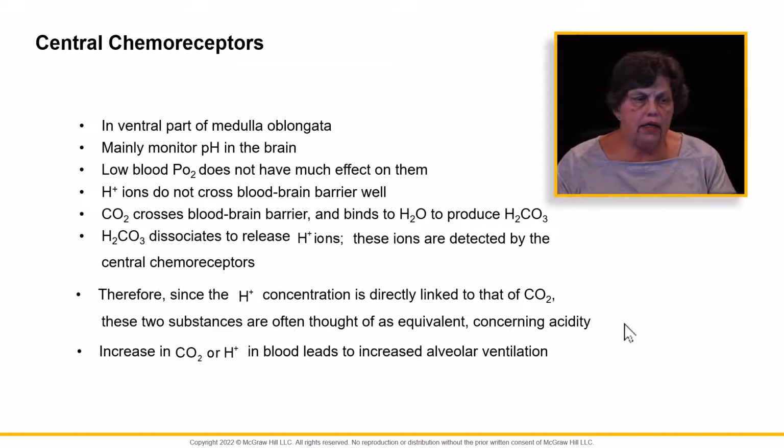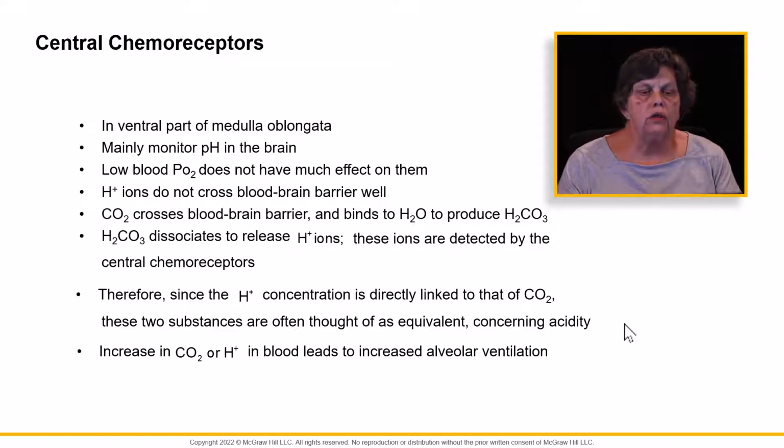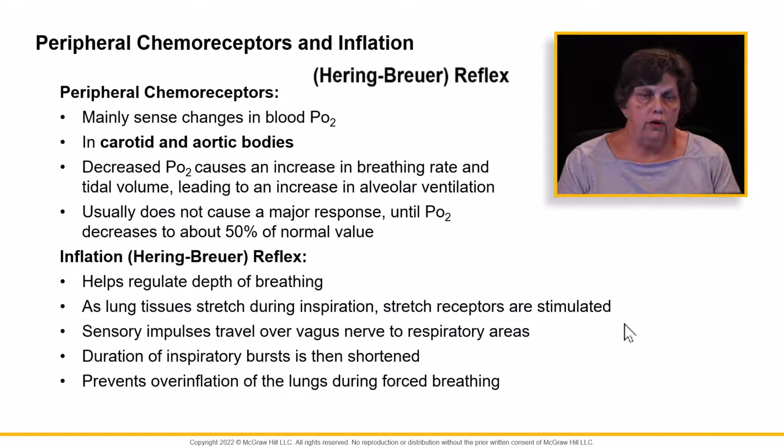And carbonic acid can dissociate into these hydrogen ions, and these ions are detected by these chemoreceptors. And so an increase in CO2 or an increase in hydrogen ions, i.e. a decrease in pH, leads to increasing your alveolar ventilation. You want to start breathing deeper and better.